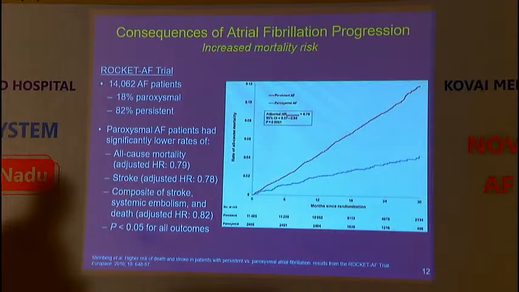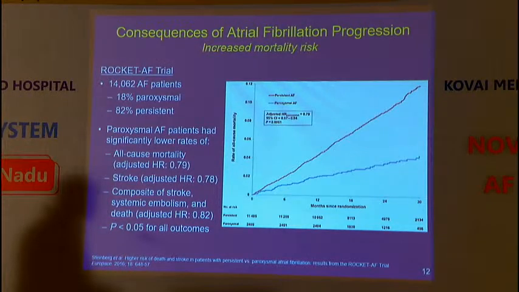If you look at the composite endpoint of stroke, systemic embolism, and death, all were significantly lower. You look at these two curves, they are completely diverging. This is the persistent and permanent AF arm, and this is the paroxysmal arm. You can see that they are diverging from the start. When they followed over a period of 30+ months, there was a significant increase in all these complications in patients who had the non-paroxysmal form of atrial fibrillation.